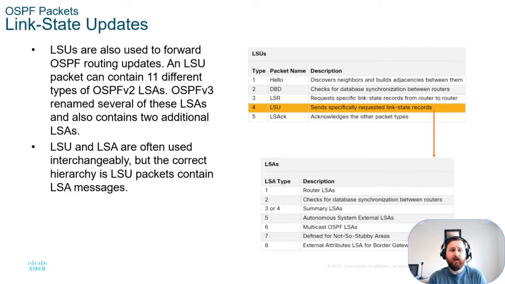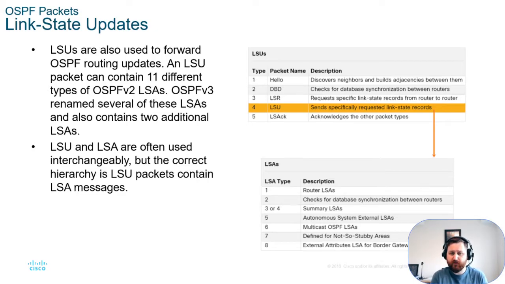So link state updates are forwarded via OSPF routing updates. It can contain a bunch of different types of LSAs, so link state advertisements. The primary ones that we look at are important to know.